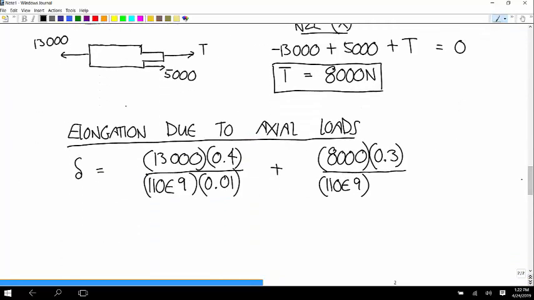And then the cross-sectional area of the second piece is 0.003. And if you calculate that, you get 1.2 times 10 to the minus 5. Without change in temperature, this is how much the beam would stretch.